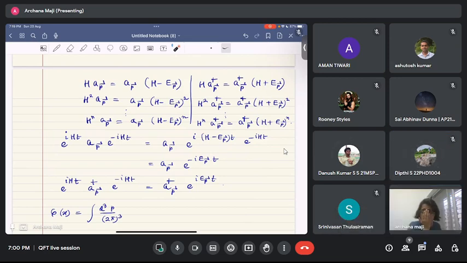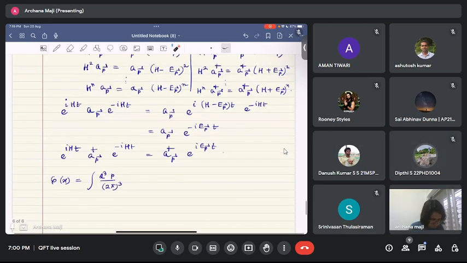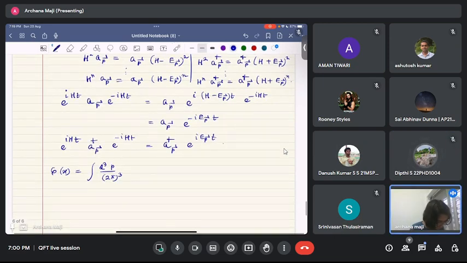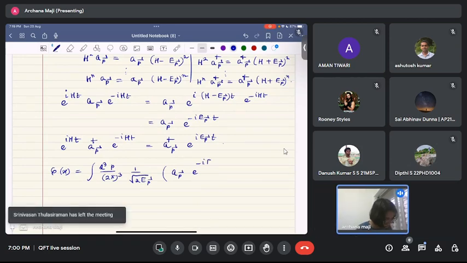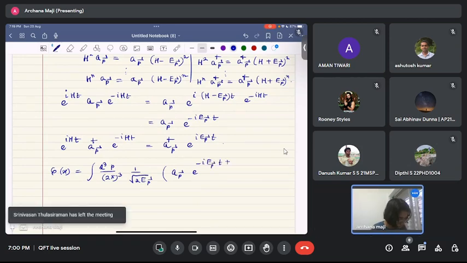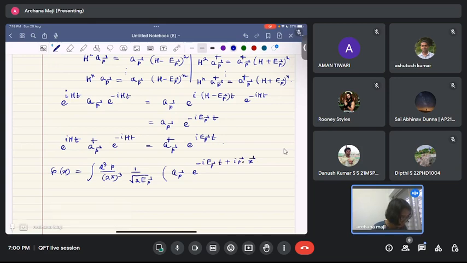Okay. The integral of d3p over 2 pi cubed, 1 over square root 2 E_p, then this becomes exponential minus i E_p t plus i p dot x, that was already there, plus a dagger exponential i E_p t minus i p dot x.